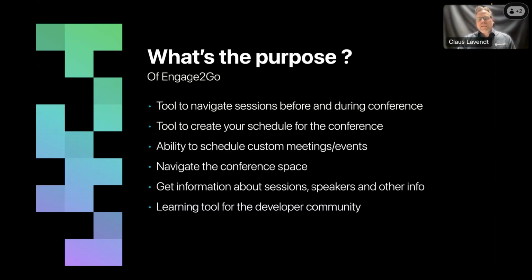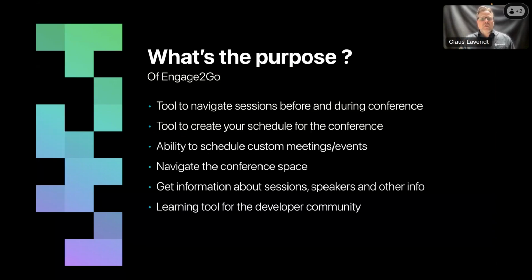So the purpose of the Engage2Go is, first and foremost, it needs to be a tool to navigate sessions before the conference and during, so that you know which sessions you want to attend, which are interesting, which one you want to catch on the recordings, and so on.